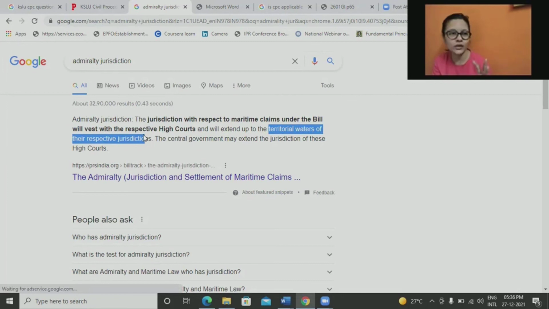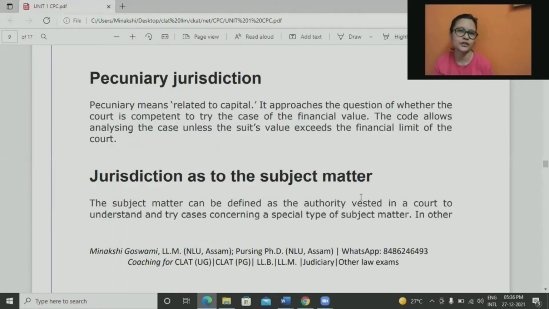It is only those high courts which are having territorial water within their area, because those matters will be arising in front of them only. Like Bombay High Court is having, because Goa is there. This is nothing but subject matter jurisdiction: for admiralty jurisdiction, all high courts are not given, it is only some specific high courts.